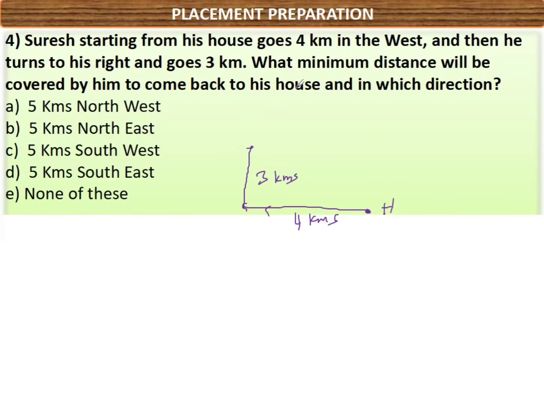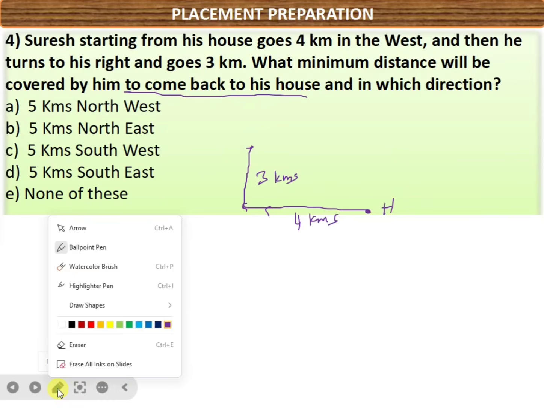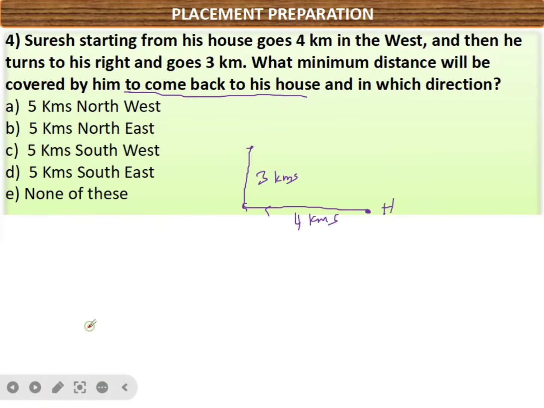Next: what minimum distance will be covered by him to come back to his house? So what does he need to do? He needs to come back to his house from where? From his current position.